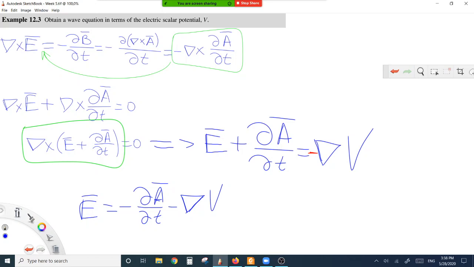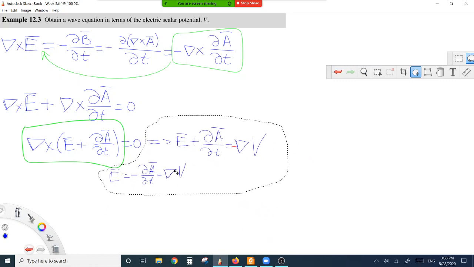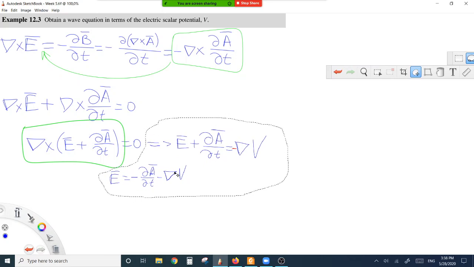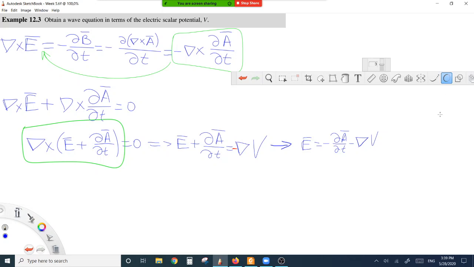Now we recall Maxwell's third equation. What was Maxwell's third equation?